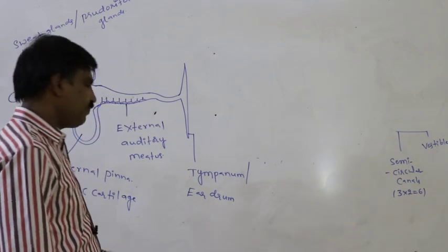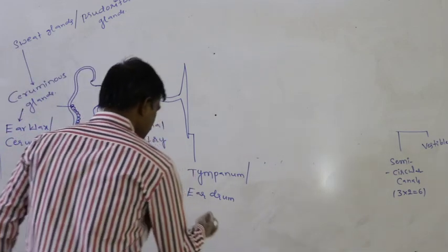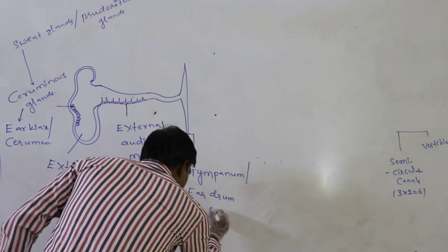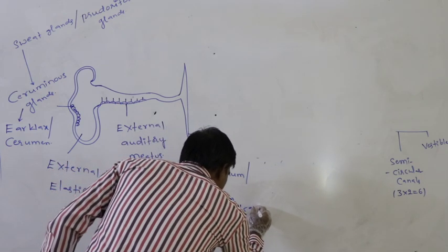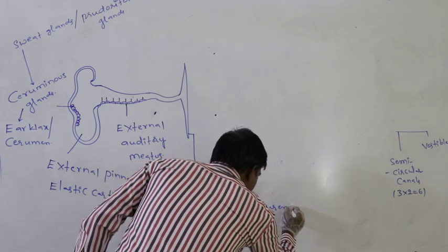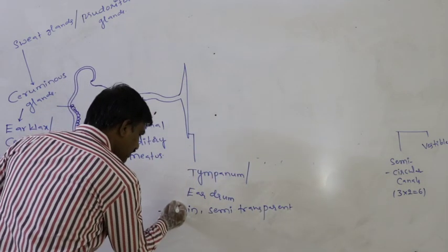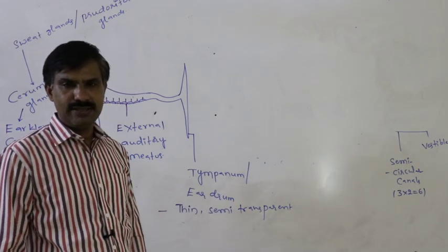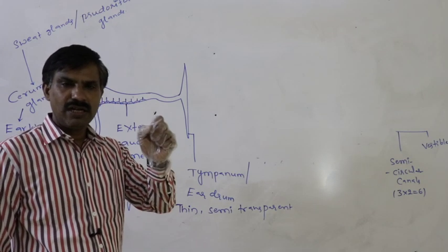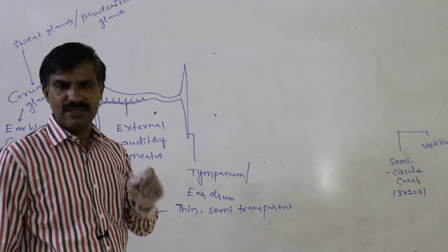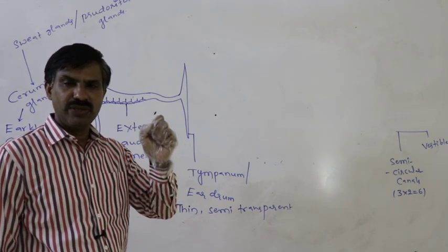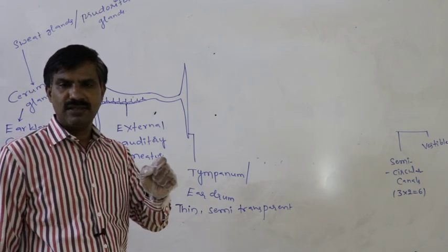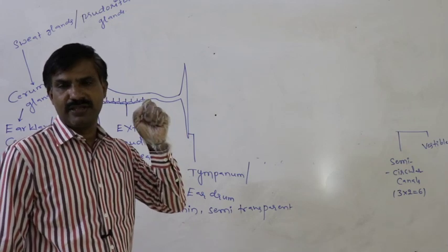Next, when we observe the tympanum or eardrum, this is a thin and semi-transparent structure. Semi-transparent means that it is not 100% transparent and not 100% opaque.